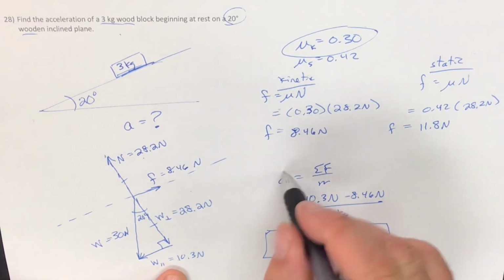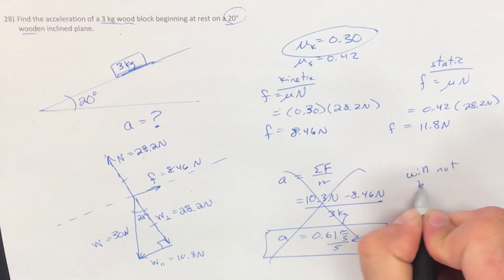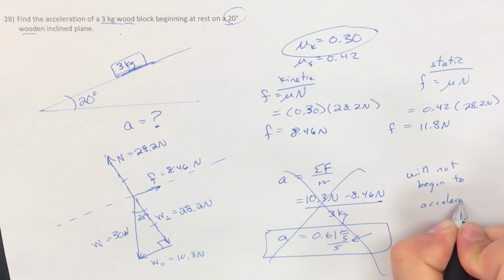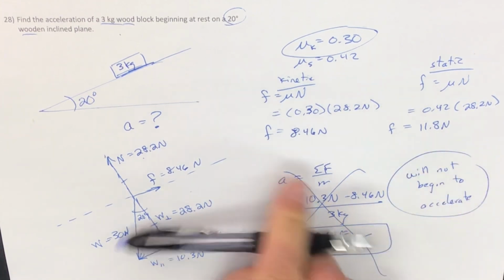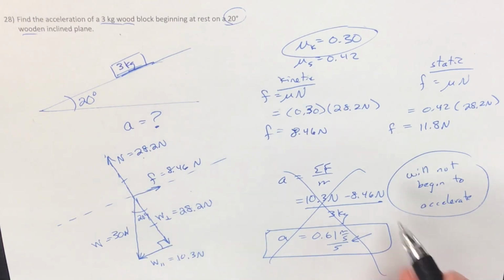So this answer is inappropriate; it will not begin to accelerate. The plane has to be steeper to get it to break loose, or you have to just push it a little bit to get it going. And then the acceleration will be 0.61 meters per second every second.